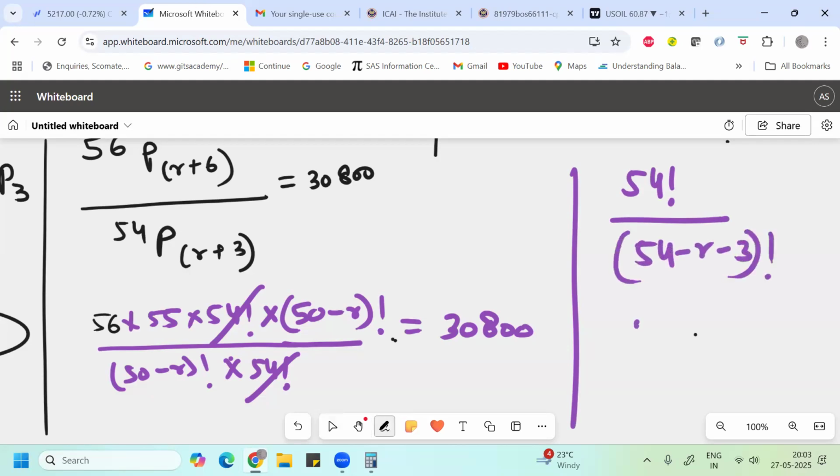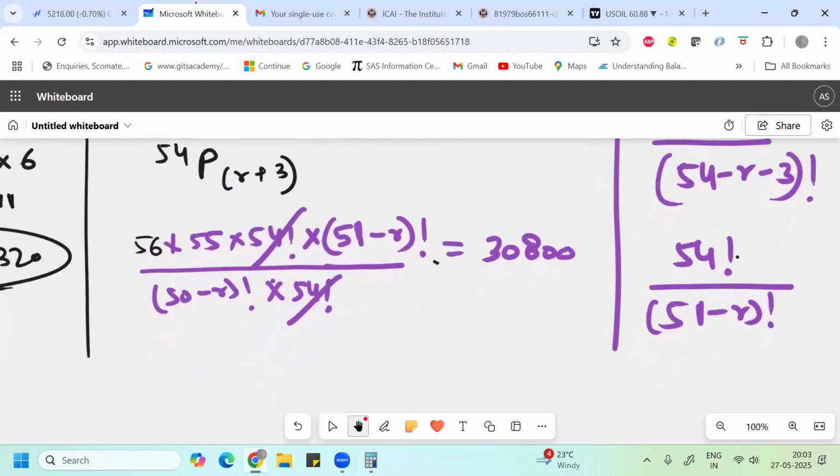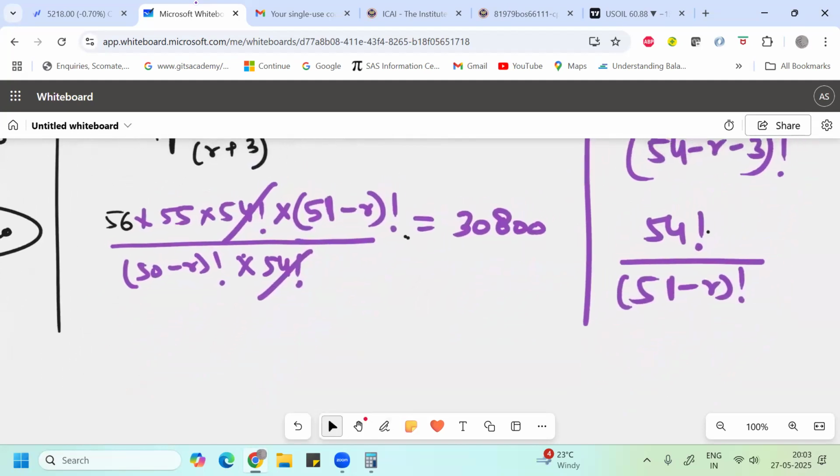So it would give you 54 factorial by (51 minus r) factorial, right?